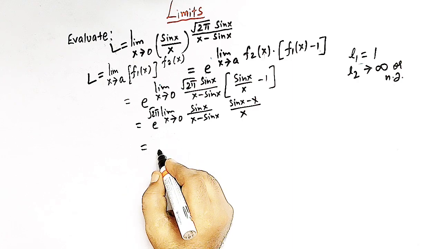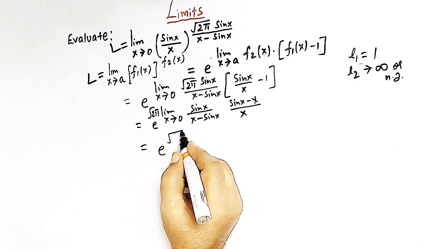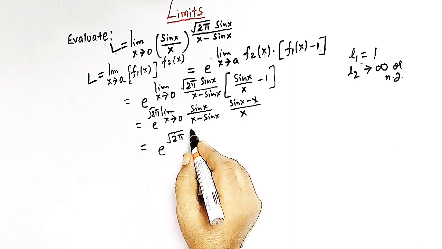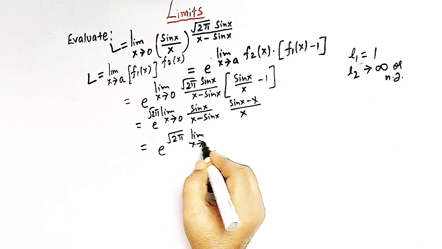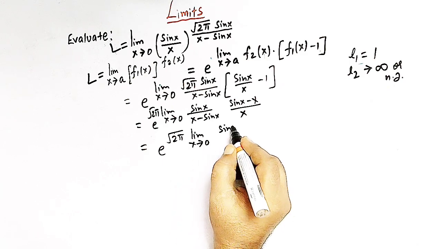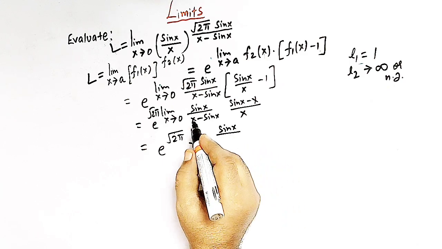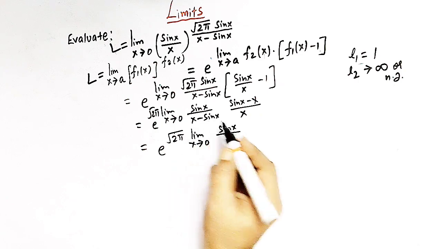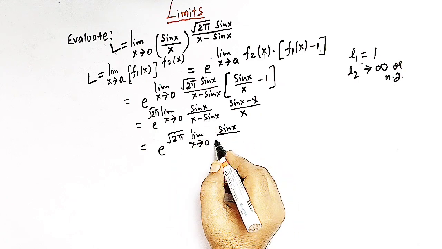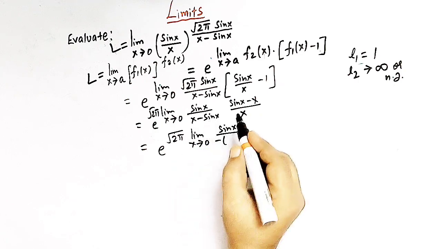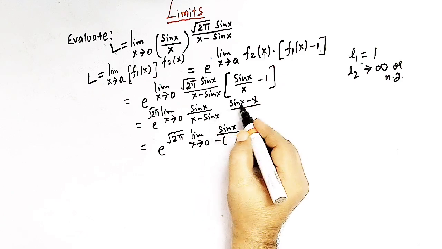So now we can write e raised to square root of 2 pi, and then we have limit x tends to 0 of sine x over x minus sine x. So let us take a negative sign common so that these two terms get cancelled.